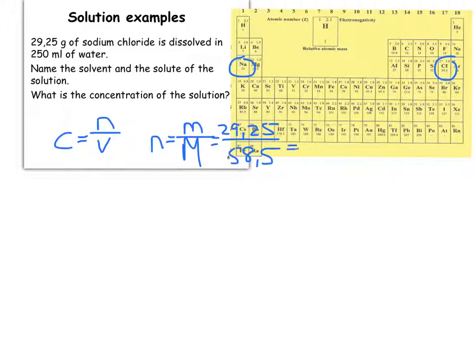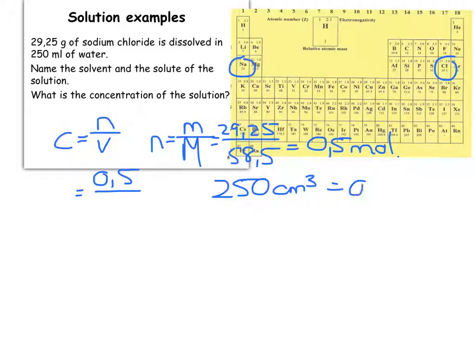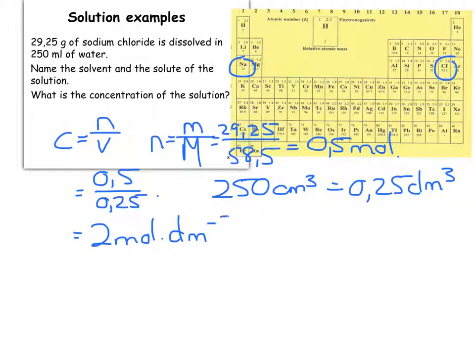And that turns out to be 0.5 moles of sodium chloride. 0.5 divided by, I need it in decimeters cubed, so 250 milliliters is centimeters cubed, which is equal to 0.25 decimeters cubed. So 0.25 goes in there, and I land up with 2 moles per cubic decimeter.